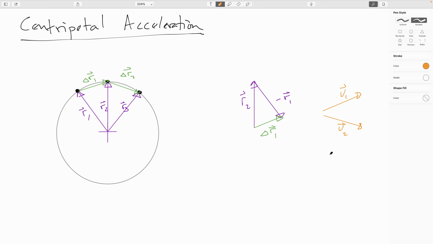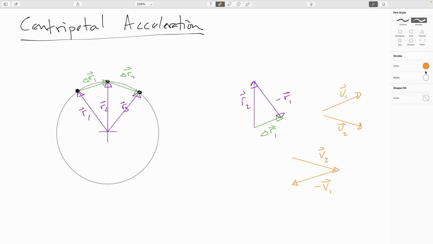So we'll go ahead and play the same game here. We will go ahead and draw a v2 like so. I'll add to that negative v1 so I can find my final velocity minus my initial velocity, so the velocity before and after the time I'm interested in. So there's negative v1.